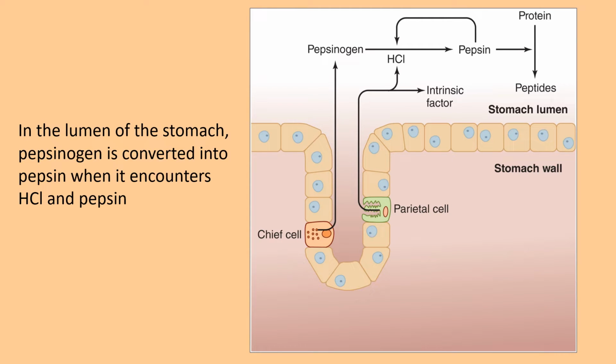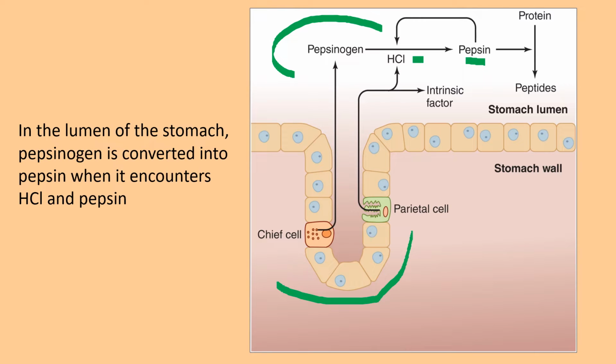Here's another artistic representation of the same process. We're looking at a gastric pit, and we see that one type of cell, the chief cells here, secrete pepsinogen. That's an inert, inactive, harmless substance. Once that pepsinogen arrives in the lumen of the stomach, it gets activated, either by hydrochloric acid or existing molecules of pepsin.